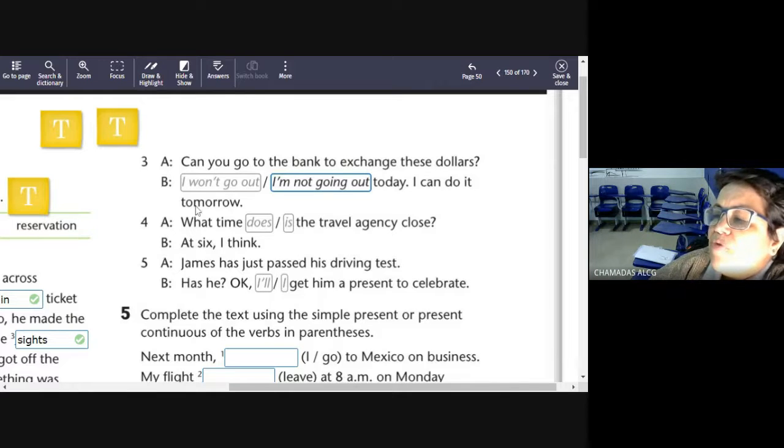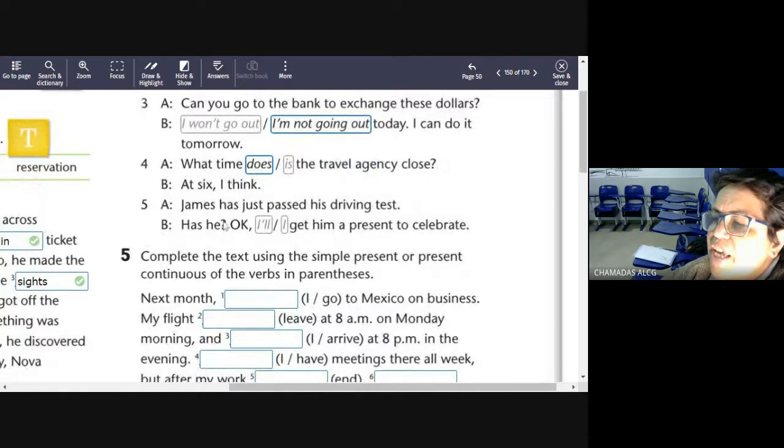So number 4, what time the travel agency close? What is the best auxiliary verb here? Yes, simple present. The best option is does. So what time does the travel agency close? And then number 5, James has just passed his driving test. Oh, has he? Okay.